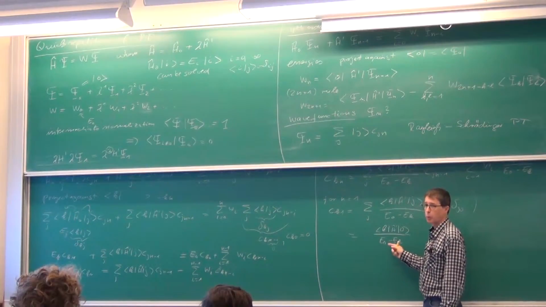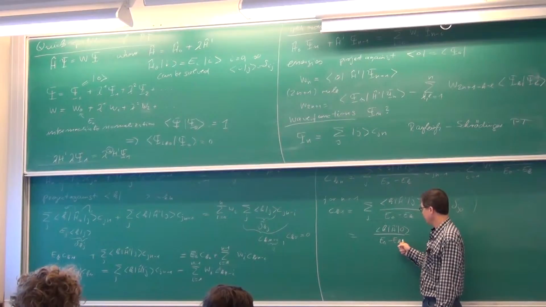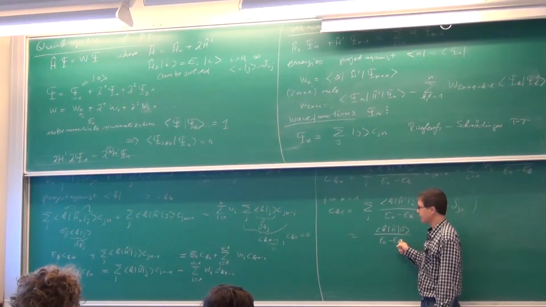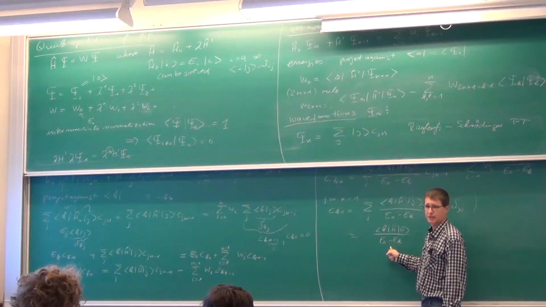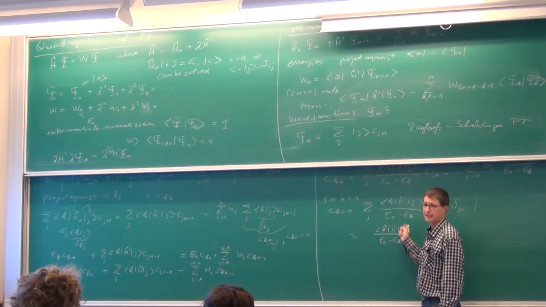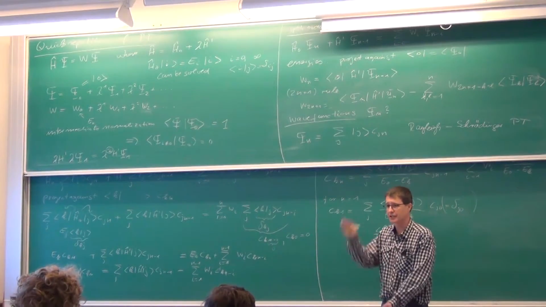Divided and therefore also weighted by the energy difference. That means the higher the energy of this kth basis state is relative to the state we're looking at, the less important that coefficient is going to be. Sort of weighted by the energy difference.